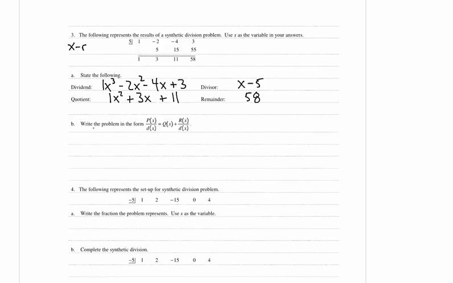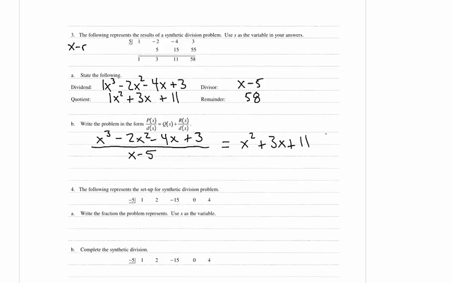And now in B, they want us to write the problem in the form p of x divided by d of x is equal to q of x plus r of x over d of x. So we're going to have our polynomial, or our dividend, x cubed minus 2x squared minus 4x plus 3 divided by our divisor x minus 5, and that's equal to our quotient, x squared plus 3x plus 11, plus the remainder divided by the divisor.